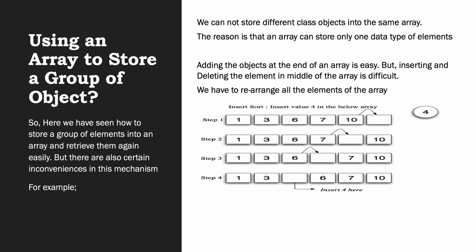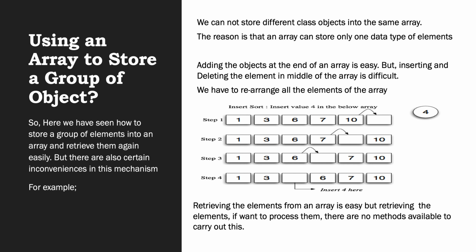Let's say we want to store the value 4 at the third index. We have to shift all these elements one by one in the following steps, so that this index is available for inserting this value.